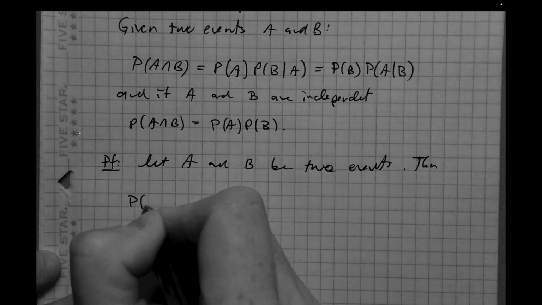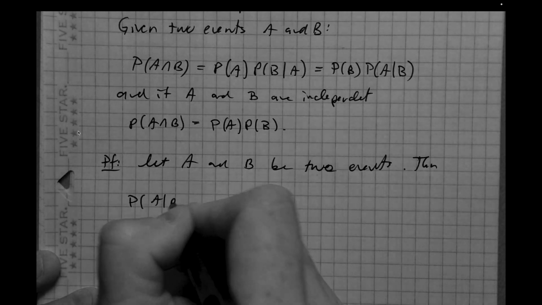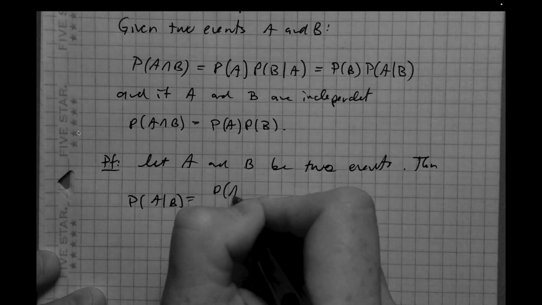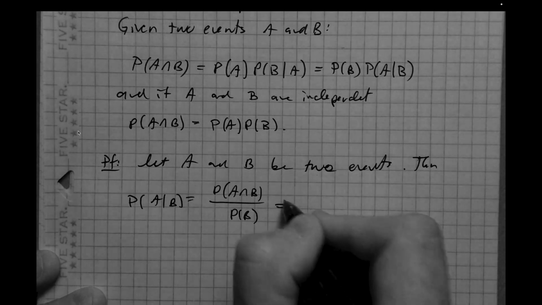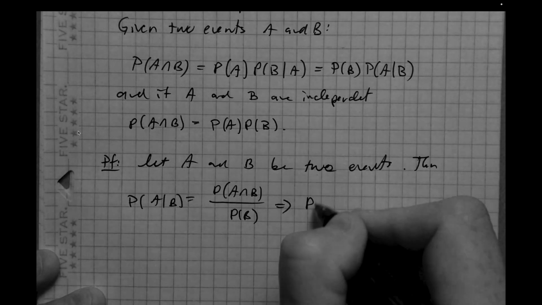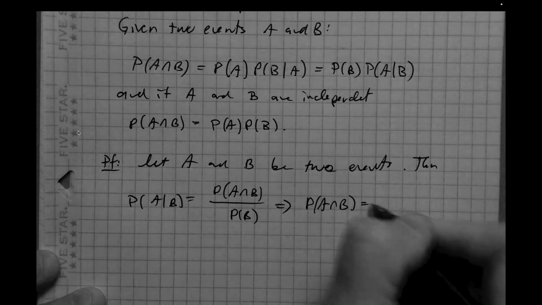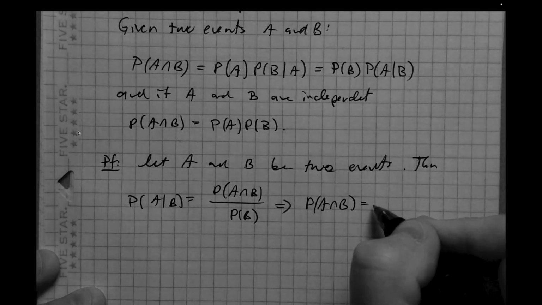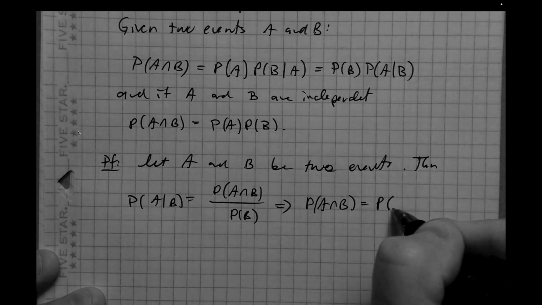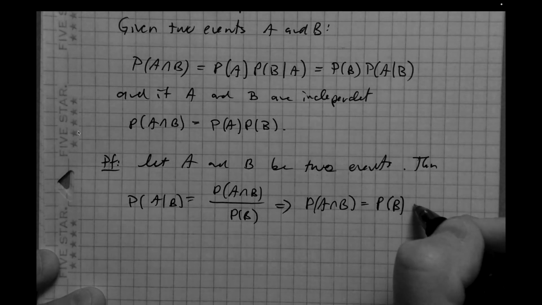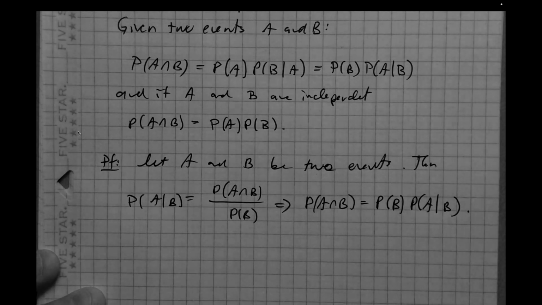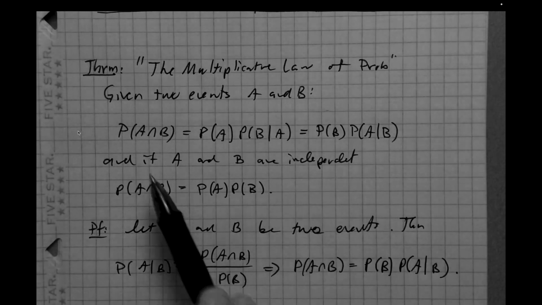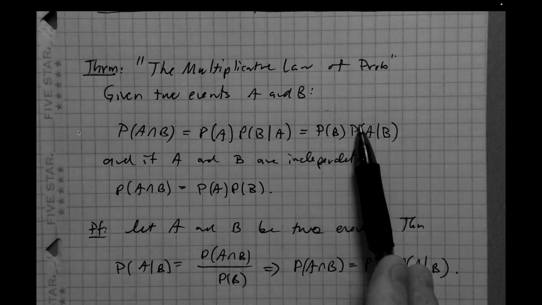Then, of course, what I just said was the probability of A given B equals the probability of A and B divided by the probability of B. And that means that the probability of A and B equals the product of the two, equals the probability of B times the probability of A given B. And this is just one of the three cases, right? So we showed this one.